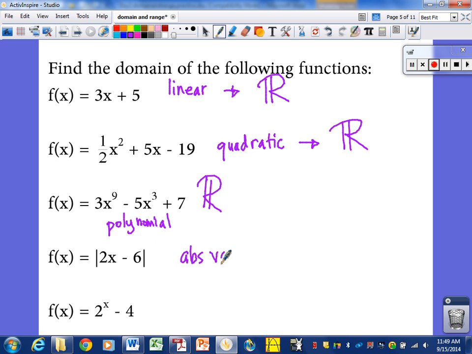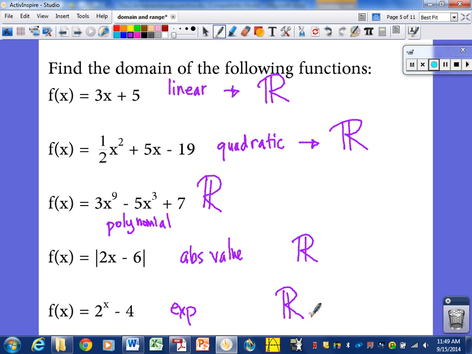Are there any restrictions on absolute value? No, there are not. So once again, all reals. And our last one is what type of a function? An exponential. Are there any restrictions on these ones? No. So anytime there are no restrictions, you have all reals as your domain.